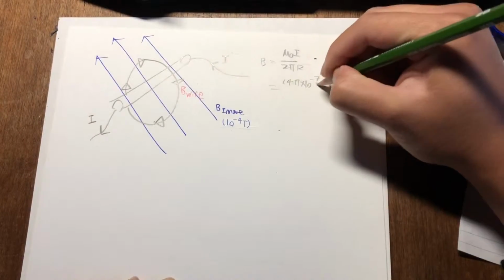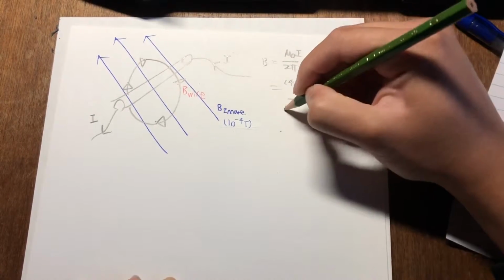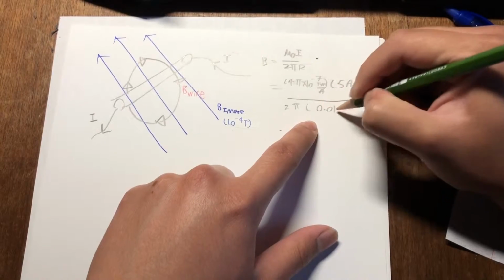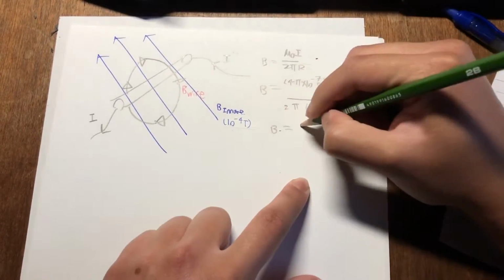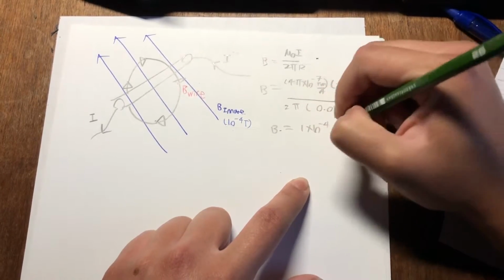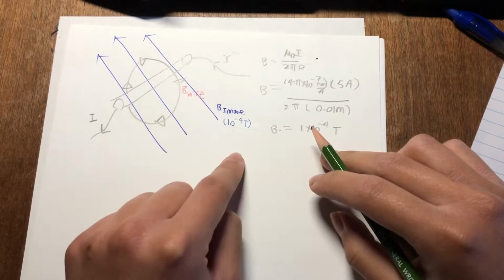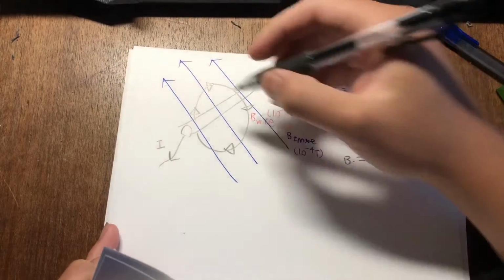So I'm just going to put that here just for old time's sake. 2 pi, and then the radius given in the problem is 0.01 meters. You punch this in your calculator and you will get 1 times 10 to the negative 4 Tesla, and you find out that the B field due to the wire is exactly the same as the B field that is already there. Okay, now we can finally answer the question.